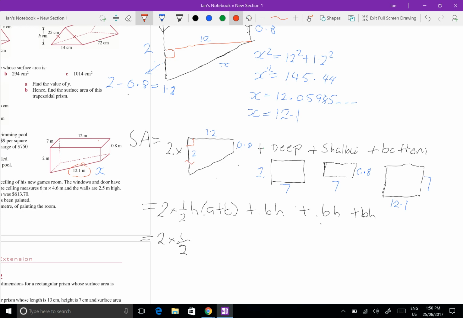The 2 parallel sides are 2 and 0.8. So we get 12 times 2 plus 0.8, plus 2 times 7, plus 0.8 times 7, plus 12.1 times 7. And I go to my calculator.